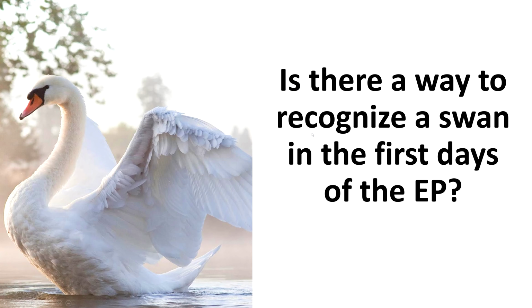Knowing this insight, the next question I had was: is there a way to recognize a swan in the first days of the EP? Because from day 0 or 1, 2, 3, 4, you don't know yet if it's a swan or not, but are there any clues that this might be an ugly duckling that could become an EP swan?